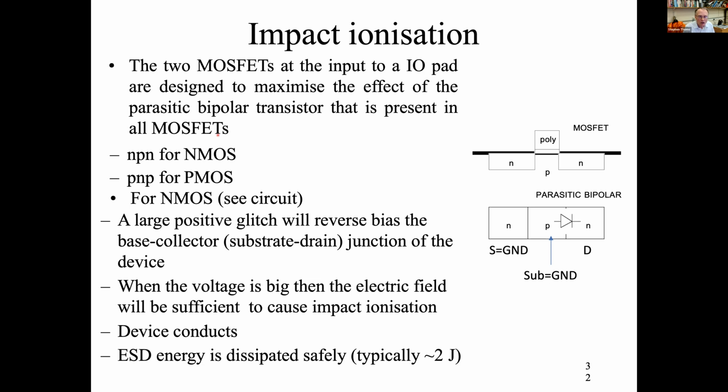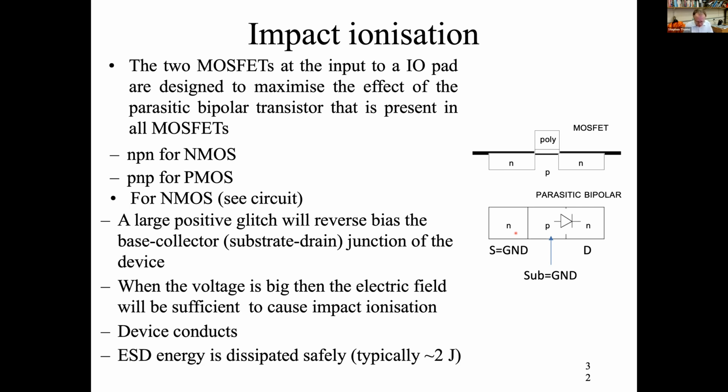So essentially, you've got either an NPN or PNP bipolar, depending whether you've got the NMOS or the PMOS. So this one shows the NMOS one. And if you've got a large positive spike, it'll reverse bias and the voltage is big, you get impact ionization.